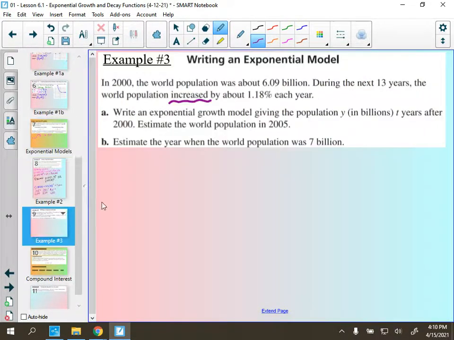We're growing. Okay, so for part A, it's asking us to write an exponential growth model that models this situation. It gives the population T years after the year 2000. Generically, we'd start with y equals, remember, A is the next thing. What's my initial amount? In the year 2000, that's when this model is based on, our initial amount was 6.09 billion people.